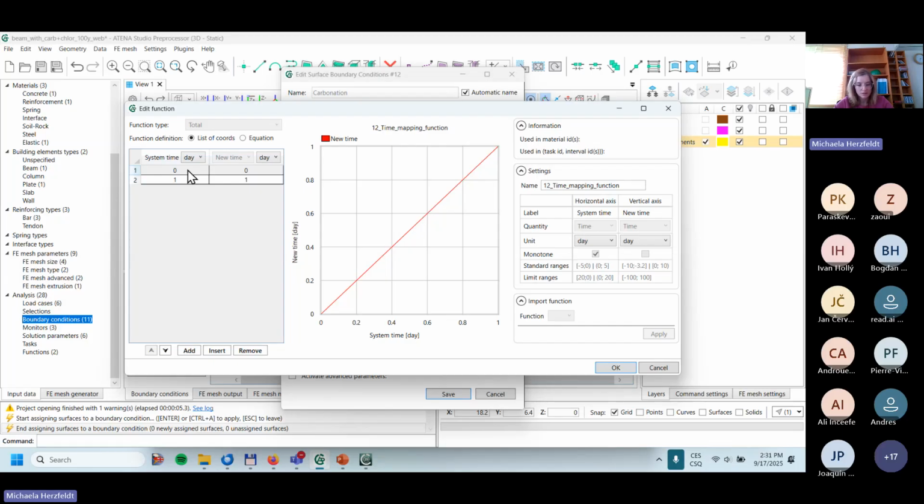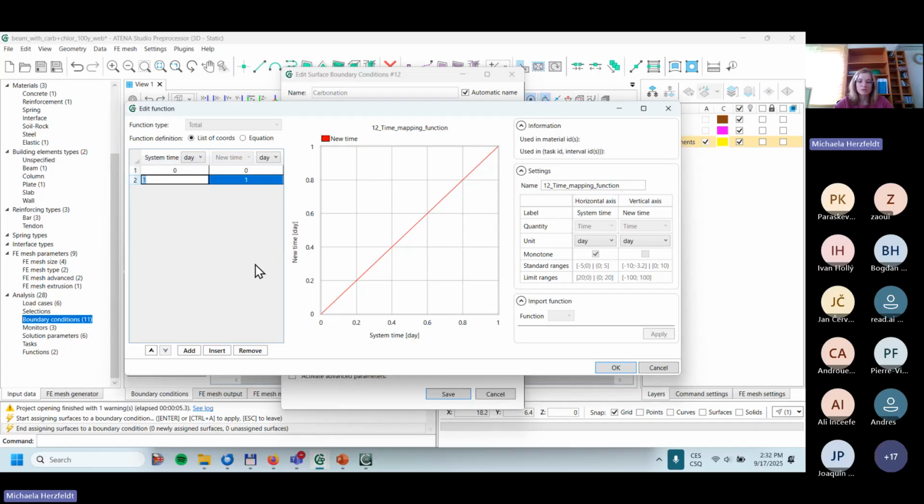That will be when we assume the start of carbonation or chloride effect. That should be the first step of that interval. So here the first point is 0, at the beginning of the loading history.